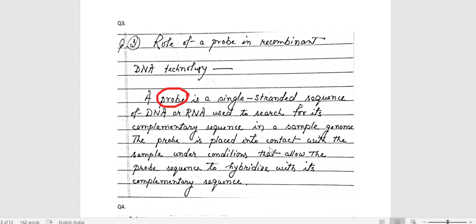The probe is placed into contact with the sample under conditions that allow the probe sequence to hybridize with its complementary sequence. So this is the role of a probe in recombinant DNA technology or in genetic engineering.